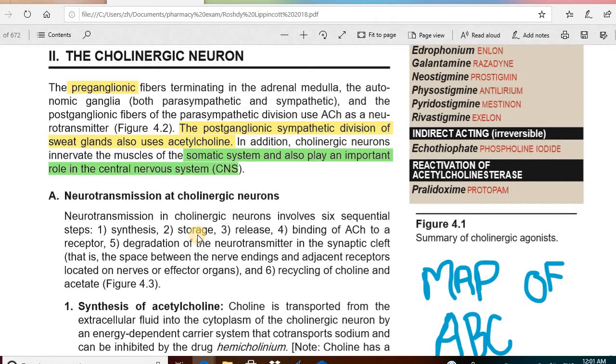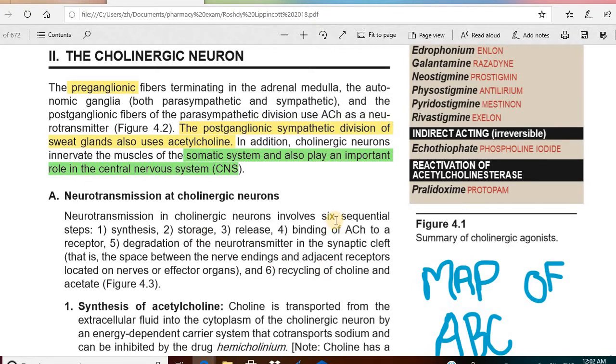Number two, the postganglionic sympathetic division of sweat glands also releases acetylcholine. Number three, cholinergic neurons are also involved in releasing acetylcholine in case of the somatic system.